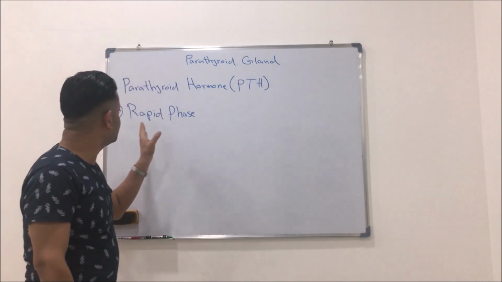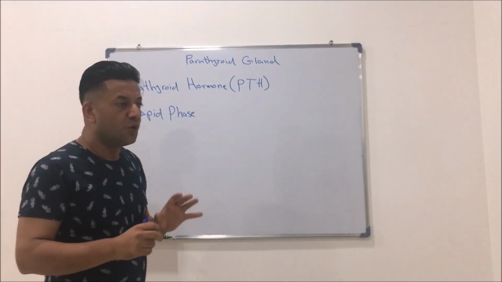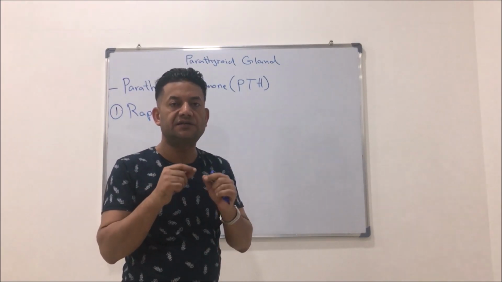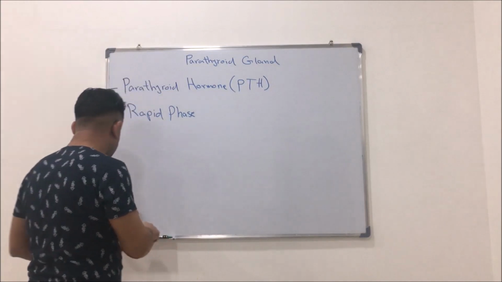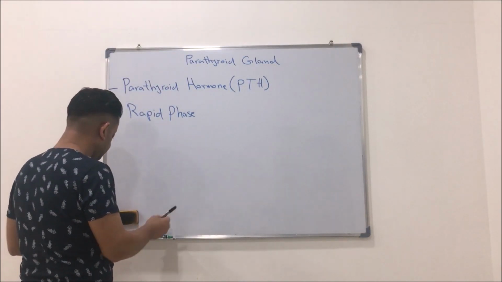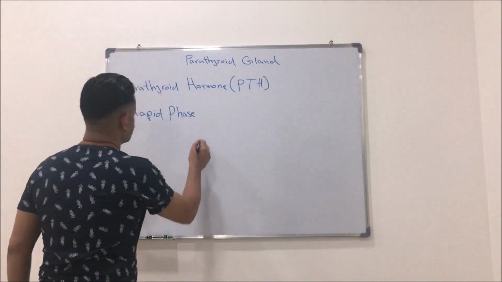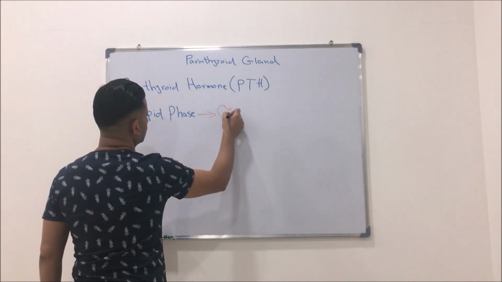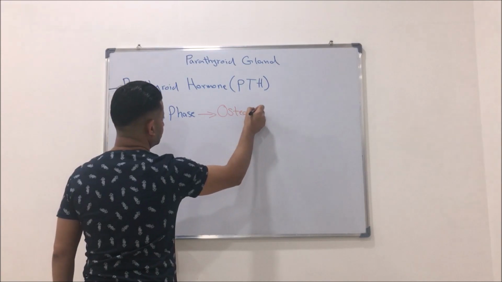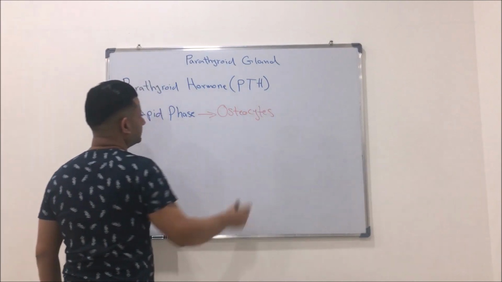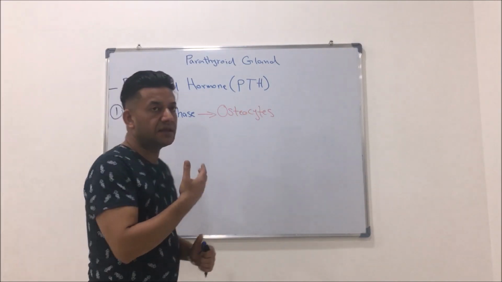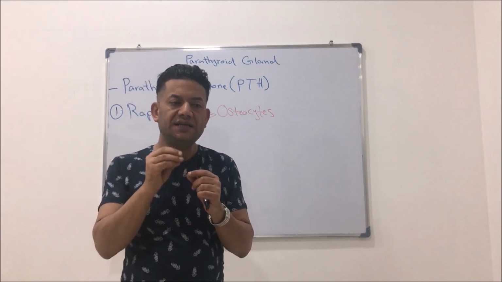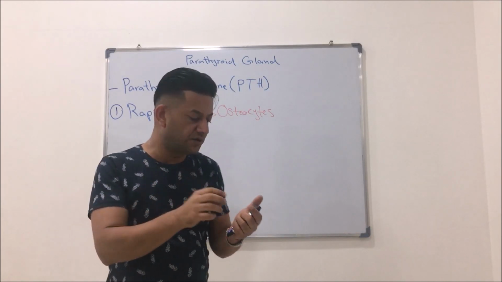Parathyroid hormone in this phase, the rapid phase, will directly and rapidly stimulate the osteocytes of the bones and cause them to release calcium.